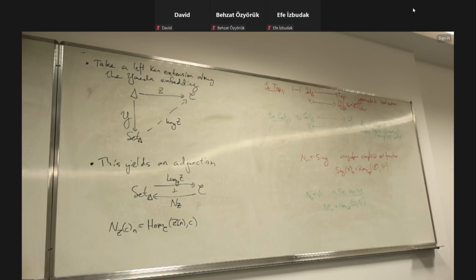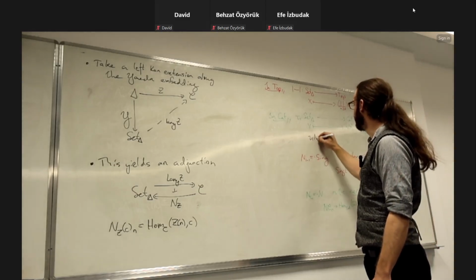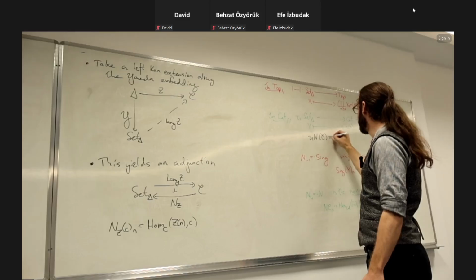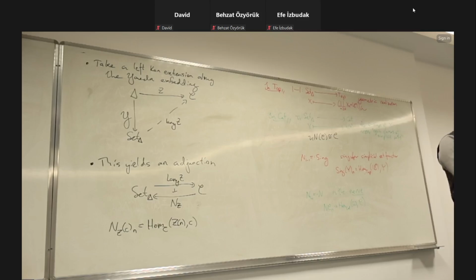A path has to be directed in this case. What you really end up wanting is that tau_1 of N of C is actually isomorphic to C. So you don't want to take zigzags because that would in some sense forcibly invert your morphisms.